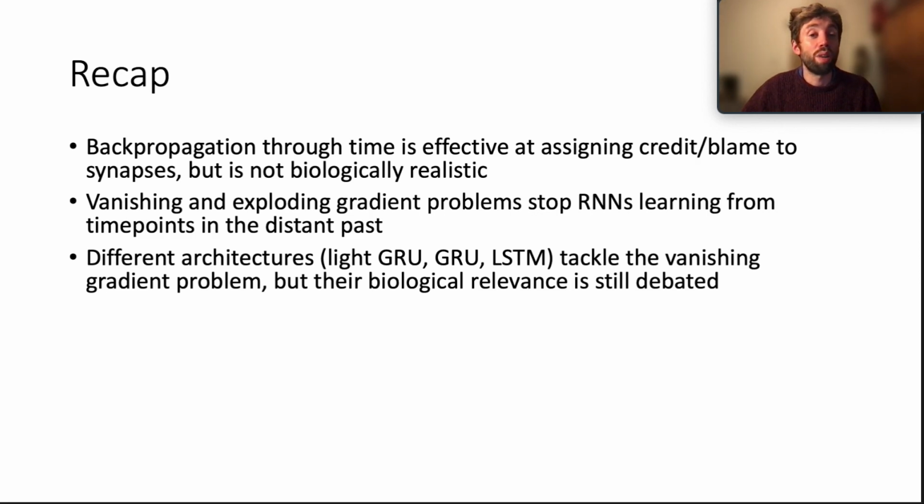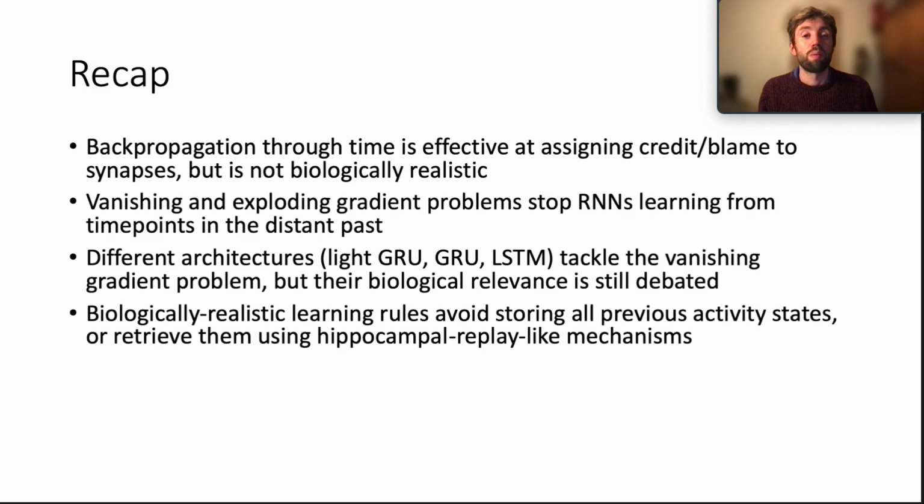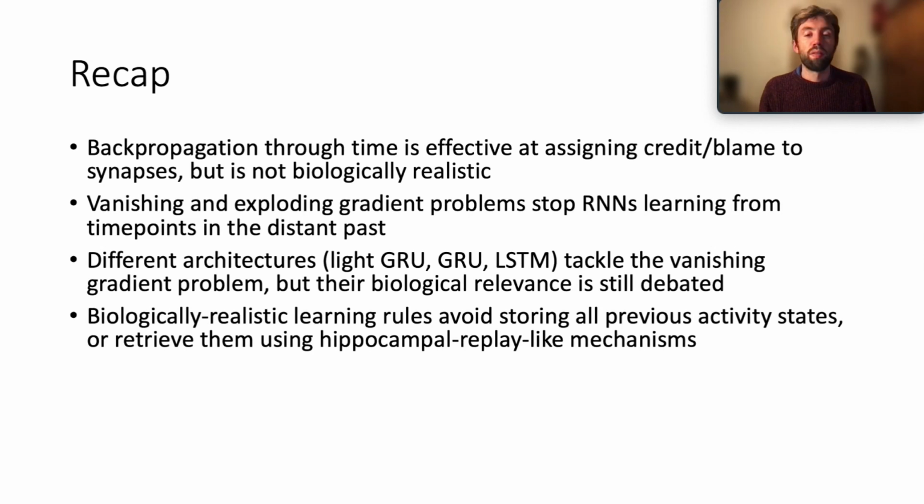But their biological relevance is still debated, and variants on these architectures with more biological realism are being proposed frequently now. We also saw that some more biologically realistic learning rules have been proposed, and these take different approaches, ranging from completely avoiding storing history of past activity states to retrieving past activity states through more biologically inspired mechanisms, such as mechanisms inspired by hippocampal replay.